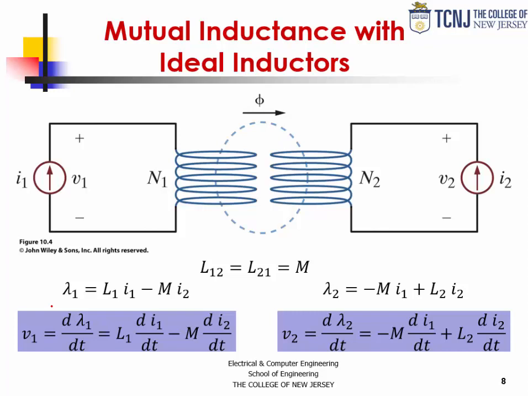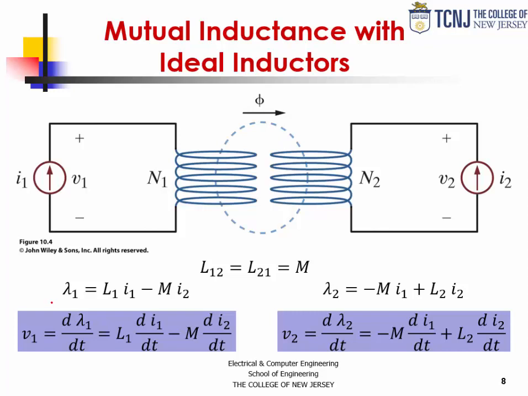Now something happens regarding the polarity when the turns in the secondary and the primary do not have the same direction. We're going to get that the currents are going to flow in opposite directions from secondary to primary.